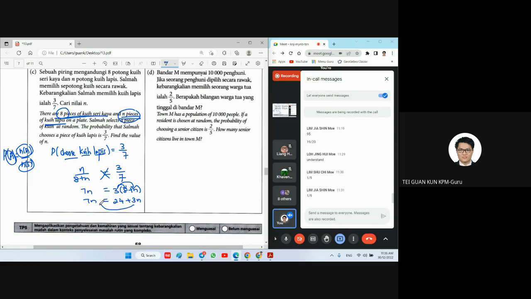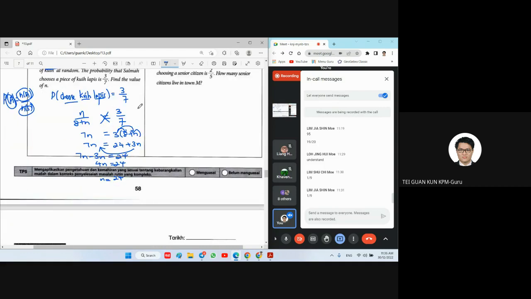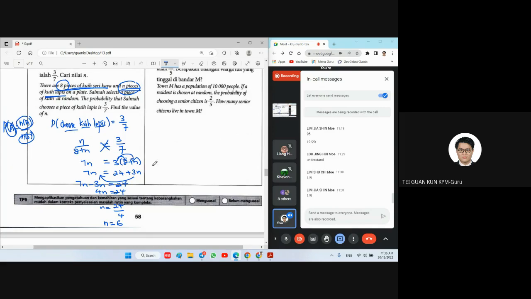So bring this to the left hand side. So 7n minus 3n equal 24. 4n equal 24. n equal 24 divided by 4. So n equals 6. That's how it is done.